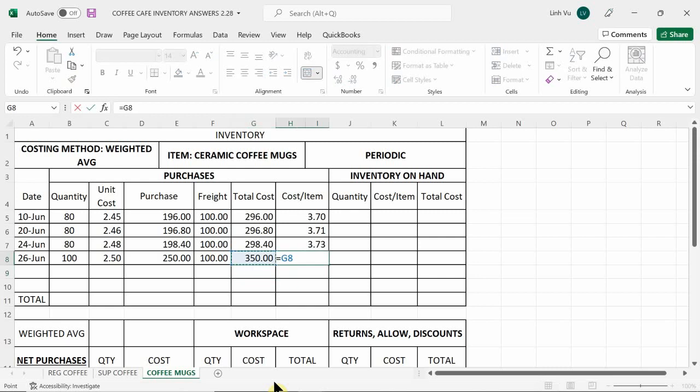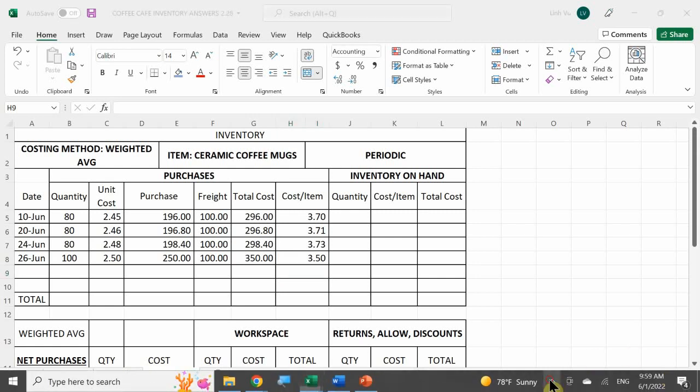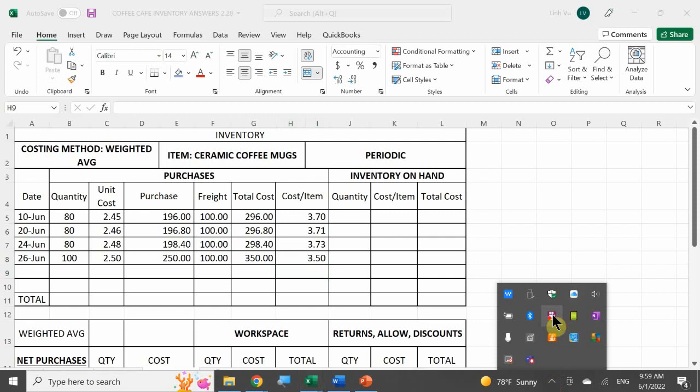So how much is it per cup? $350 divided by 100. It's $3.50 per cup. So that is that for this transaction dealing with the inventory. I'm going to stop here real quick so we can take our 20-minute break.